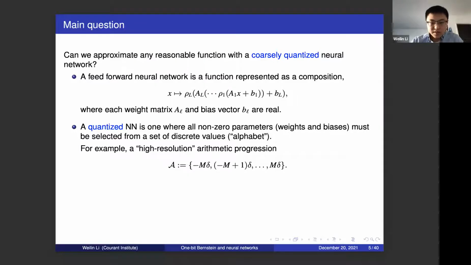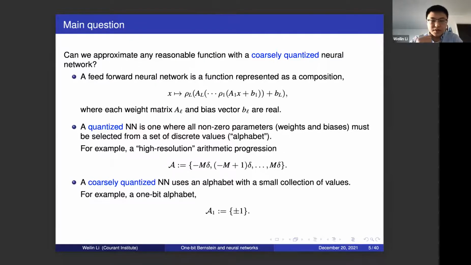But this is not really what we're interested in. We're interested in the concept of a coarsely quantized neural network, which is one that's a quantized neural network, except that the alphabet only uses a small collection of possible values. So the most extreme case of this is you can just think of a 1-bit alphabet, like plus or minus 1. So in this case, you could ask the question, you give me a function.